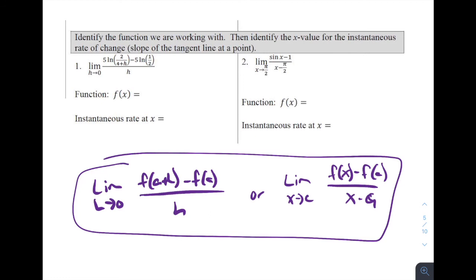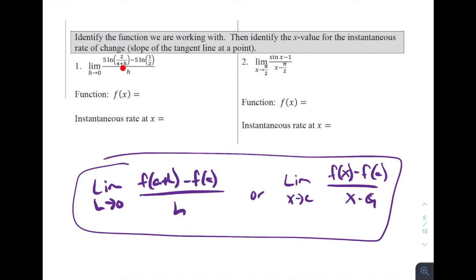I noticed that the numerator has this 5 ln of 2 divided by 4 plus h, and then the f of a part is this 5 ln of 1/2. So for the a plus h, it looks very much like that 4 plus h bit.